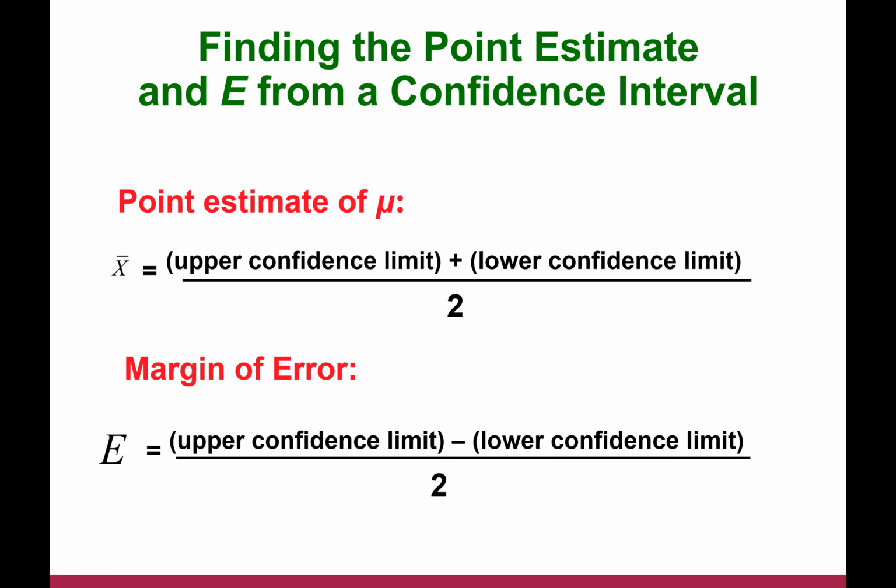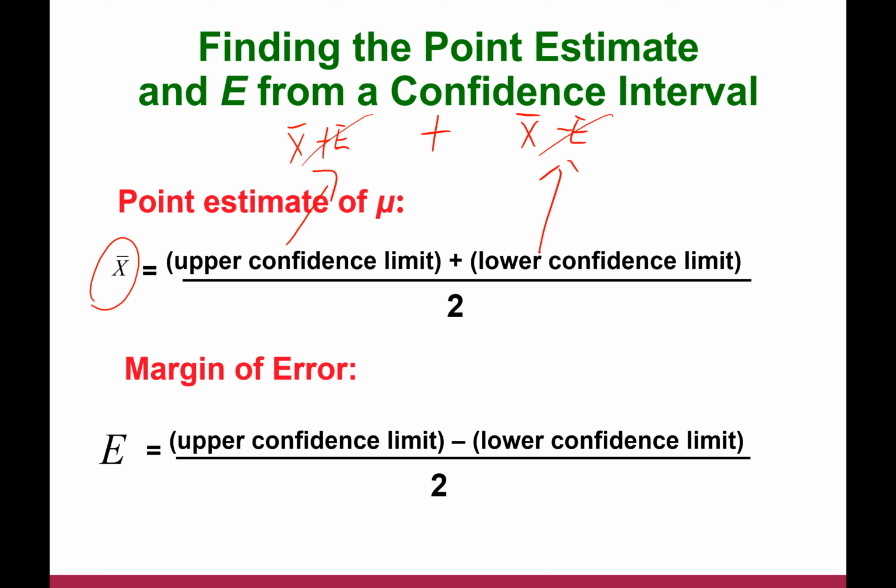All right. And then similarly, the upper limit is equal to the sample mean plus margin error, and the lower limit is the sample mean minus margin error. Now again, we cancel the margin error, we get twice the sample mean. Divide by 2, we get the sample mean.